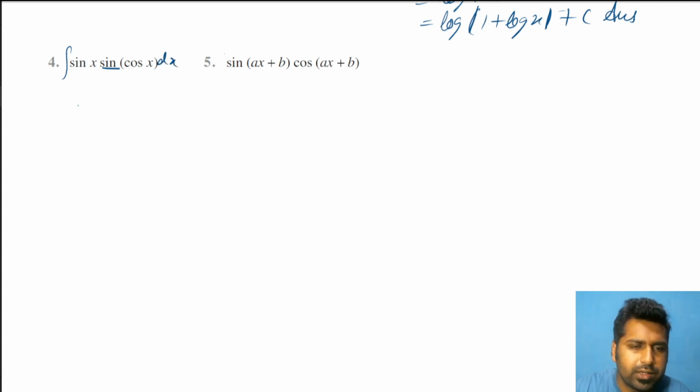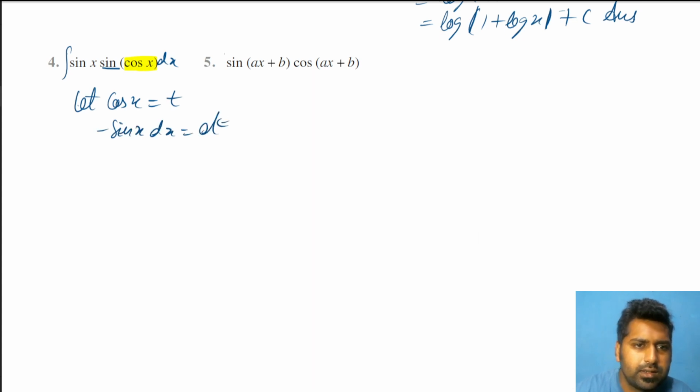I don't have to tell you which is weird. This cos x is weird inside it. So let cos x be t. Then minus sine x dx is dt. That's present here, but minus is not there. So what we'll do? We'll put a negative here, but put a negative outside also, and we'll take this negative sine x dx as dt.